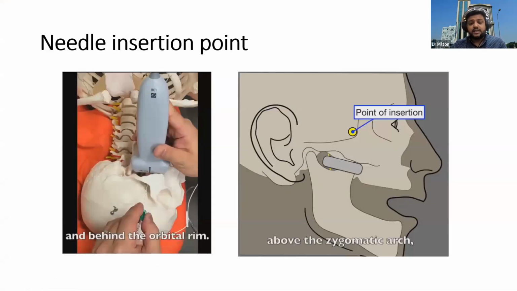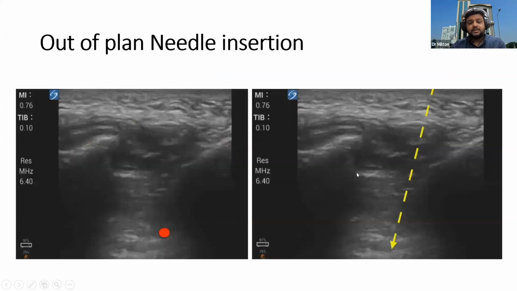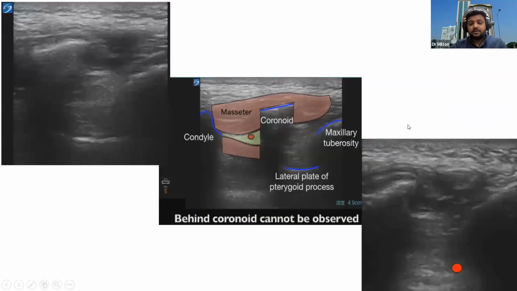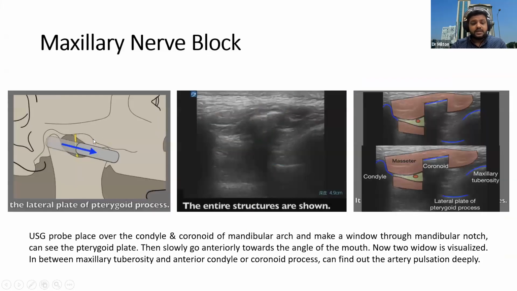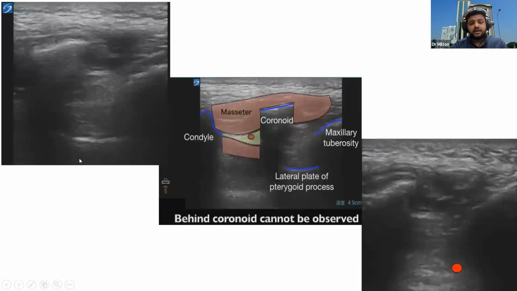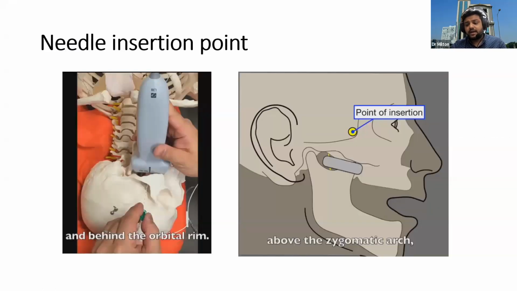In this area we can insert our needle from here. This is the anterior part and this is the posterior part. The posterior part is for the mandibular, while the anterior part is for the maxillary.